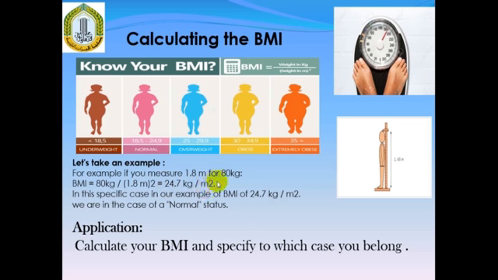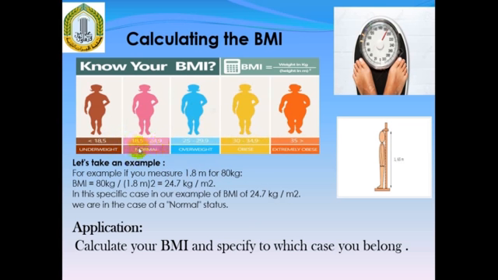Taking this BMI, which is 24.7 kilograms per meter square, and matching it to the scale of BMI, you will find out that this BMI ranges between 18.5 and 24.9.